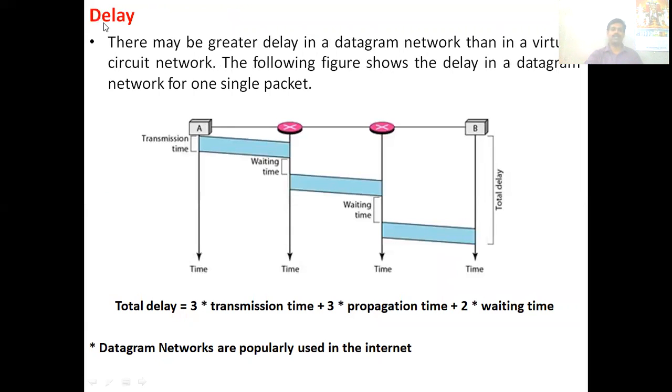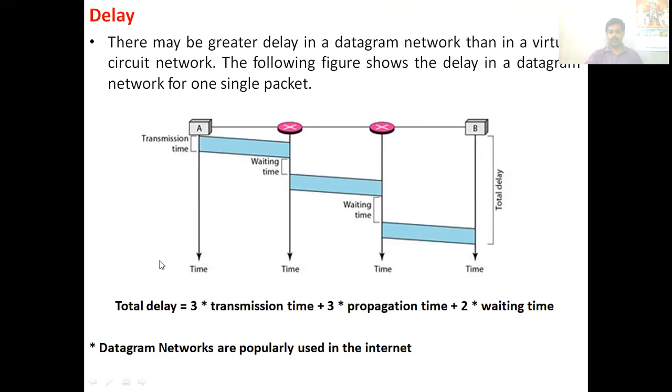Now, coming to the delay, the total delay is 3 times transmission time plus 3 times propagation time plus 2 times waiting time. You are sending data from A to B and you have two intermediate switches.